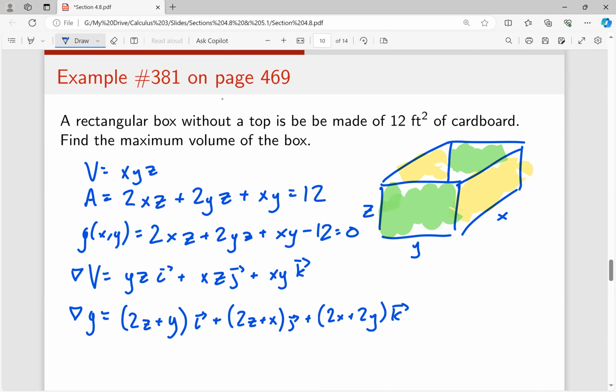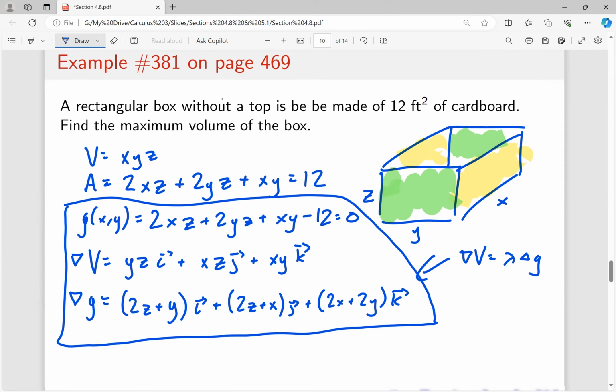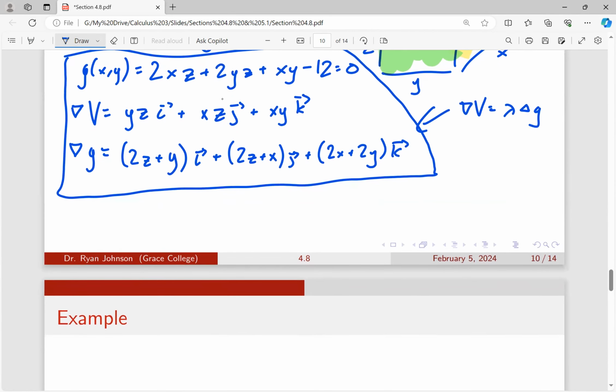Okay, and then these are our three equations, basically, since the gradient of V equals lambda times the gradient of g, which gives us really three equations. So let's write those equations down.